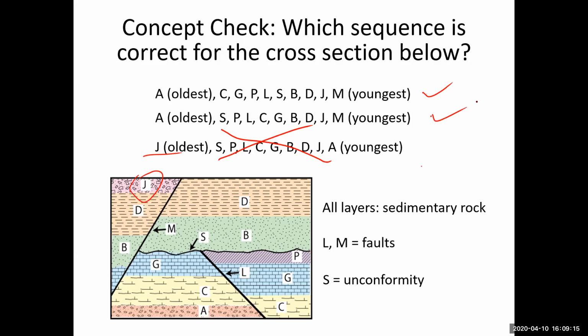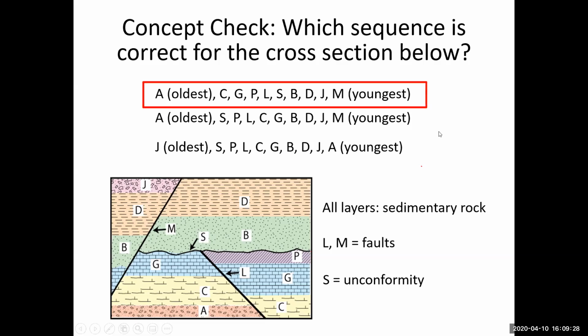And if you work things through and apply these relative age principles correctly, it turns out that that's the best choice.